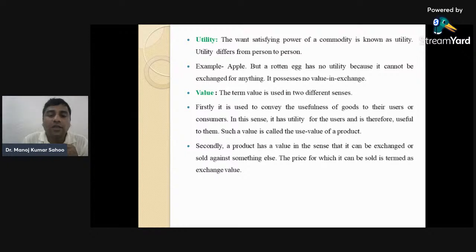Whenever we exchange that product with something else, we get exchange value. Suppose we exchange money and purchase an apple; if it costs 10 rupees, then the exchange value of that apple is 10 rupees.